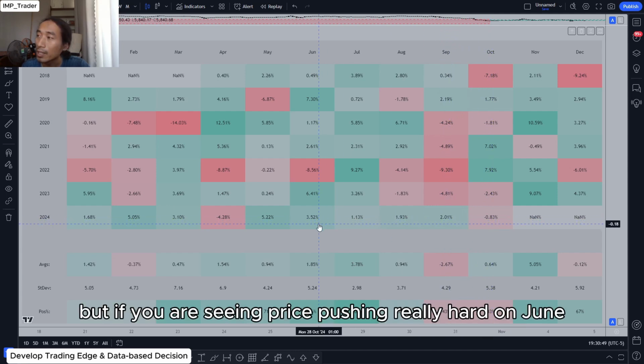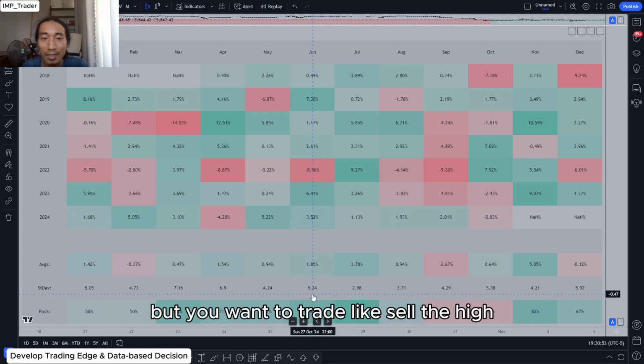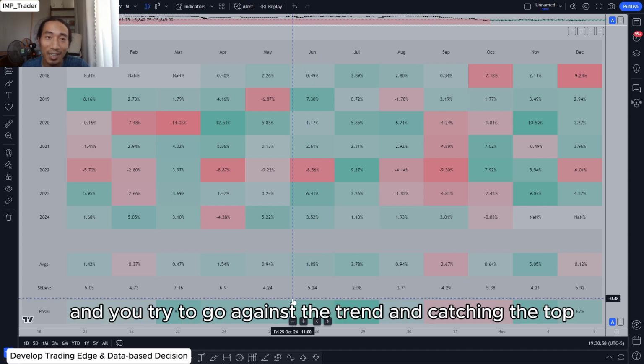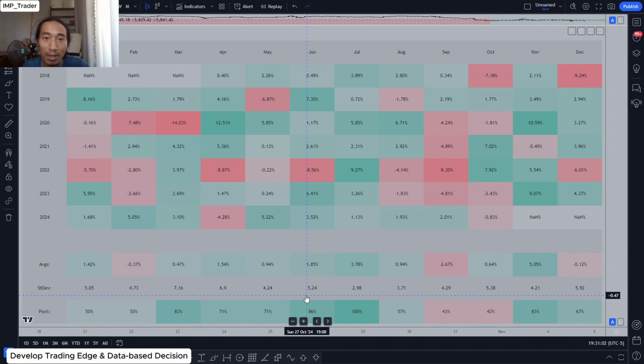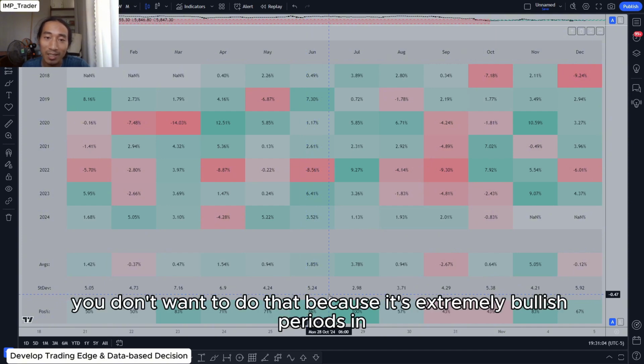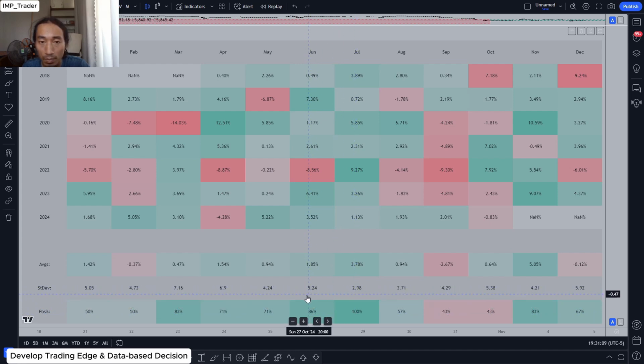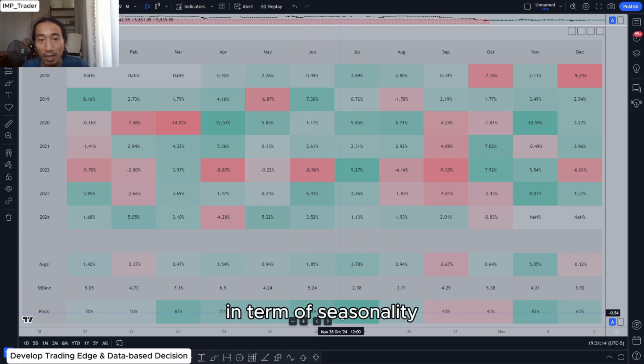But if you are seeing price pushing really hard in June, and you want to sell the high, going against the trend and catching the top, you don't want to do that because it's an extremely bullish period in terms of seasonality.